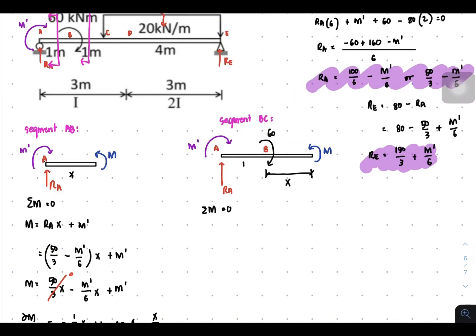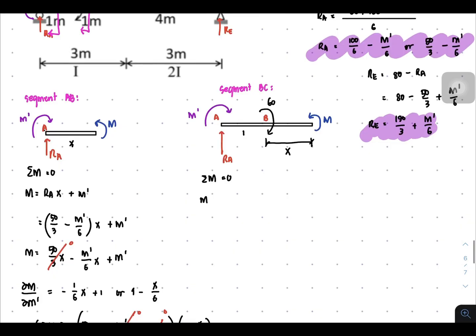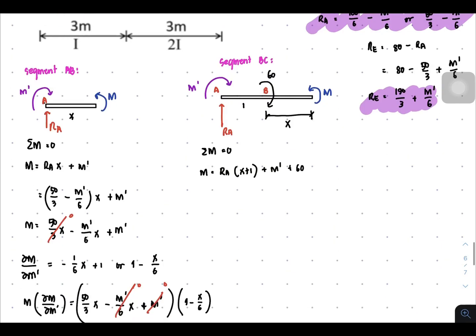So let's now get the moment equation. At the point of cutting equal to 0, you will have m equal to RA times x plus 1, and then m prime, and then 60. So you will have here RA to be 50 over 3 x plus 1 minus m prime over 6 times x plus 1 plus m prime plus 60.